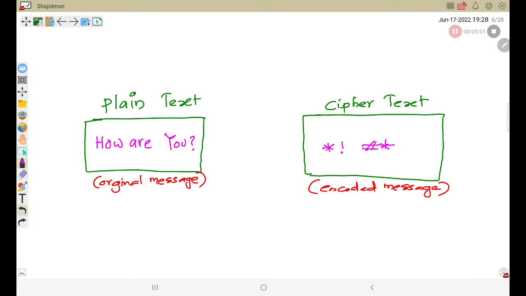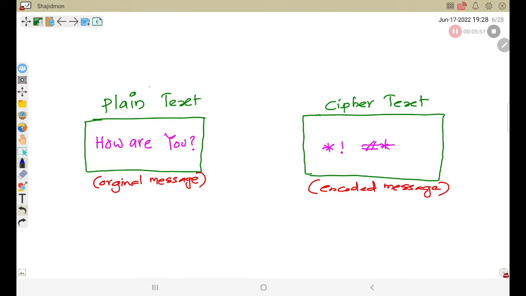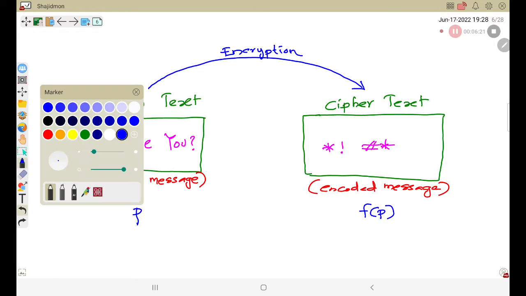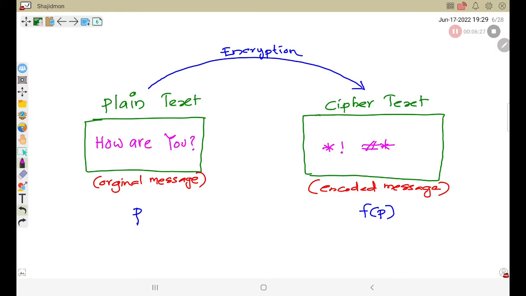Encryption means transforming plain text into cipher text. This is what we are calling encryption, or encoding. Plain text we usually represent with the letter P when doing questions, and cipher text we represent with the notation f of p. Be careful with the notations: P and f of p. So plain text to cipher text is the encryption part.